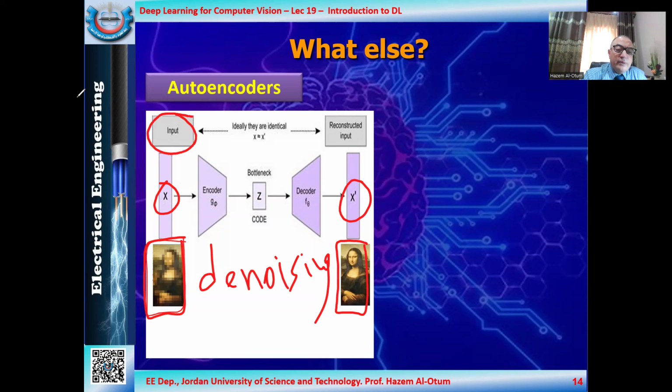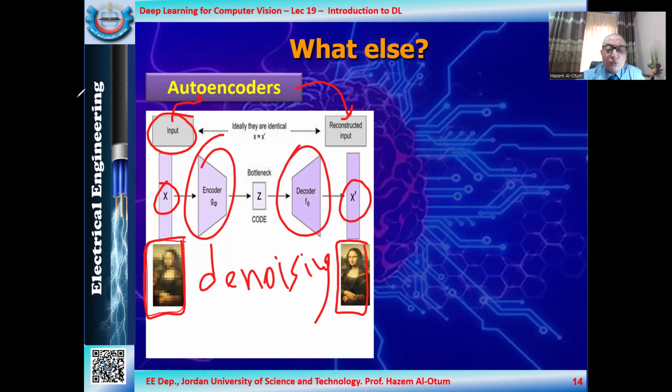However, in this case, we have an input applied to the encoder, and we get the reconstructed output. It's a sort of unsupervised learning, having two parts, encoder and decoder, and the result will be producing a very close, similar image to the input. You may ask why we need a very big and complicated system like this one to get a very close image.